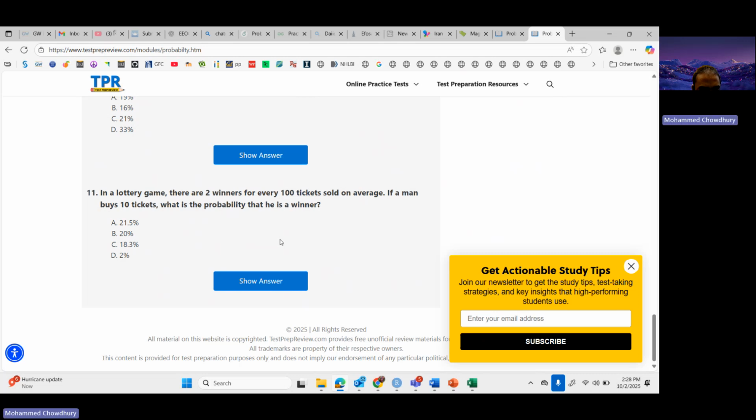2 winners for every 100 tickets on an average. So 0.02 is the probability of winning.